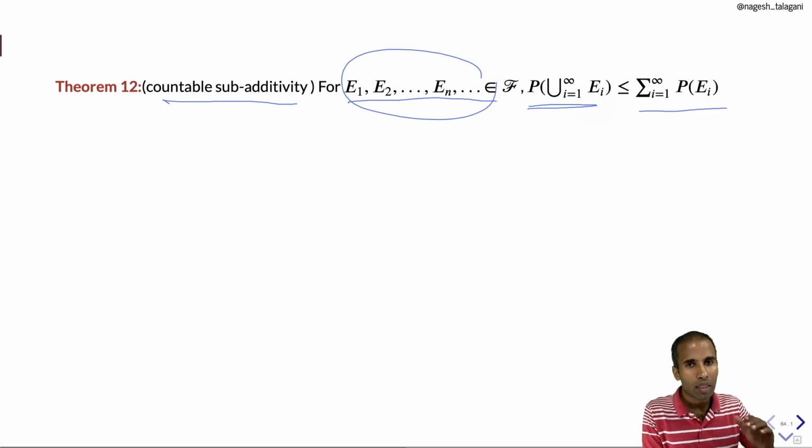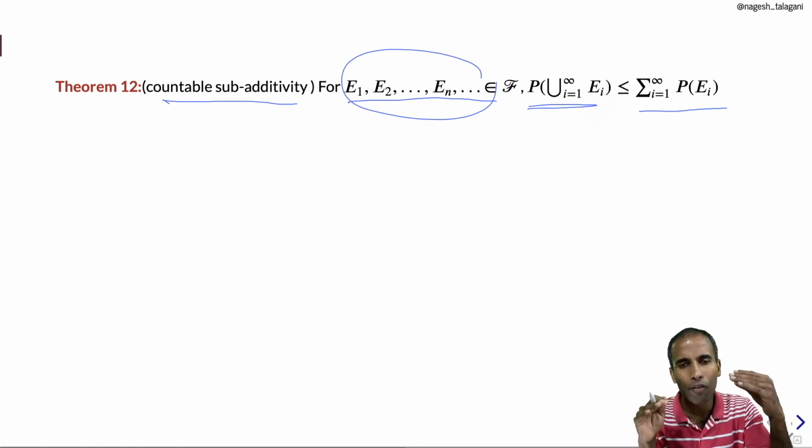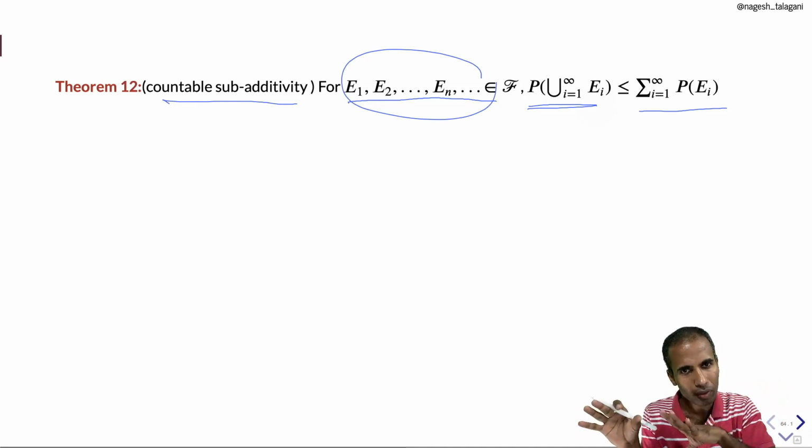Now, let's prove this. What we are going to do is define a new countable collection of events F1, F2, F3, and so on in terms of these Ei's, in such a way that the new collection is mutually exclusive, so that you will be able to apply axiom 3, and they still cover exactly what E1, E2, and so on cover.